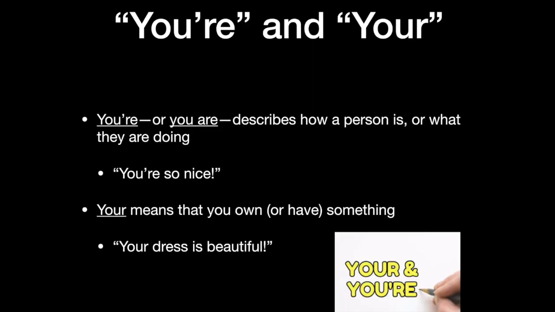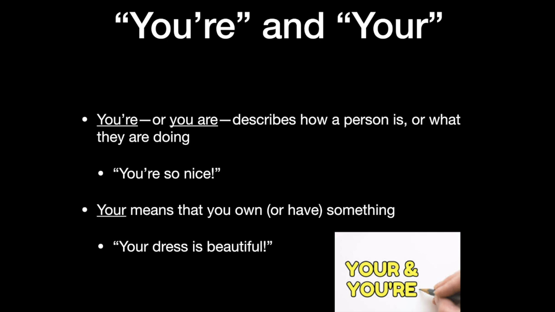So here I'm going to talk about the difference between you're and your. You're, or you are, describes how a person is or what they are doing. The example I have written here is you're so nice, which you can also say as you are so nice.